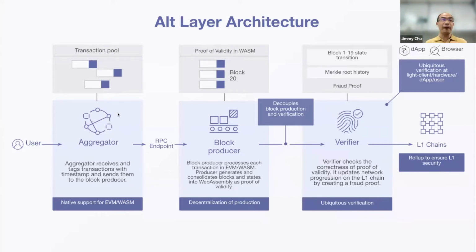Then we have a component called the aggregator, and this aggregator will assign an order to these transactions. Once we have given the order to these transactions, they go to our block producers.